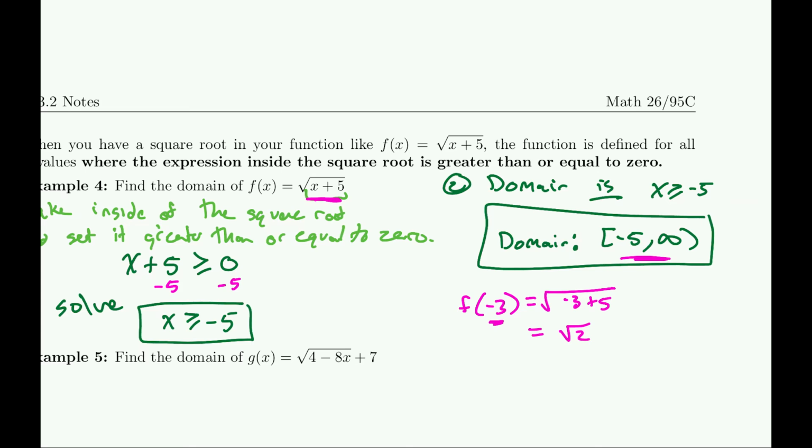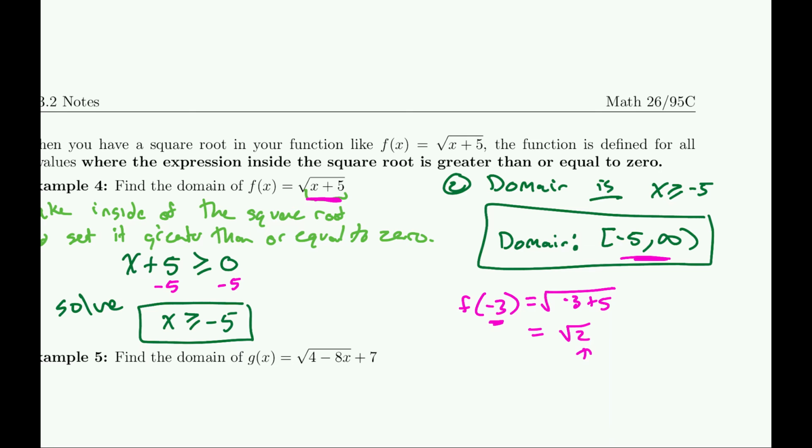And that's fine, because that's positive. Yeah, you can have a negative number for x. It's just that when you work out the square root, what's inside has got to be positive. And that's what setting this greater than or equal to 0 does: it guarantees that this number will be positive by the time you get to the square root. Okay, so there's your domain.